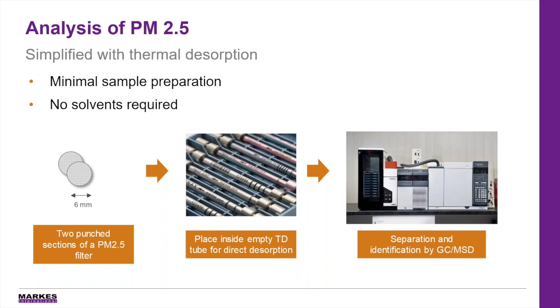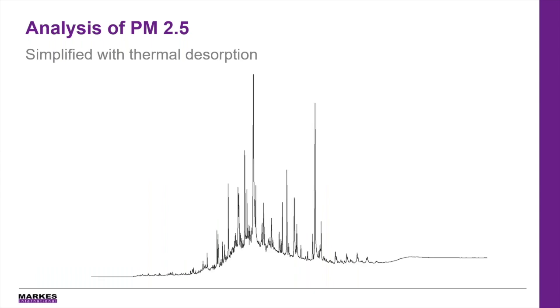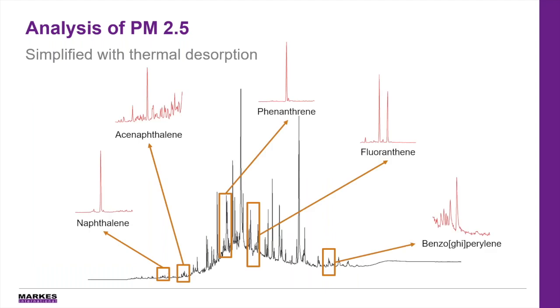And we get results such as those you would expect from a PM analysis. Now, the chromatogram here, we're able to pick out key compounds such as these PAHs. And being able to detect these compounds here shows the suitability of the system for these SVOC compounds.